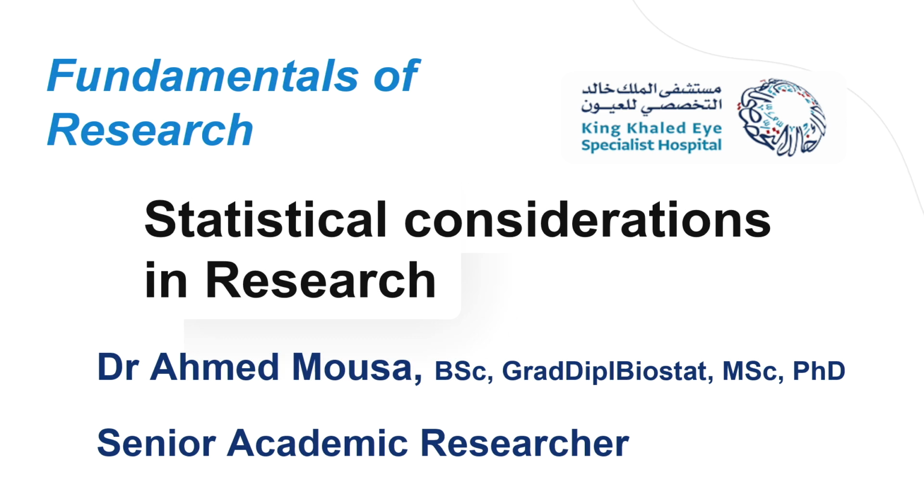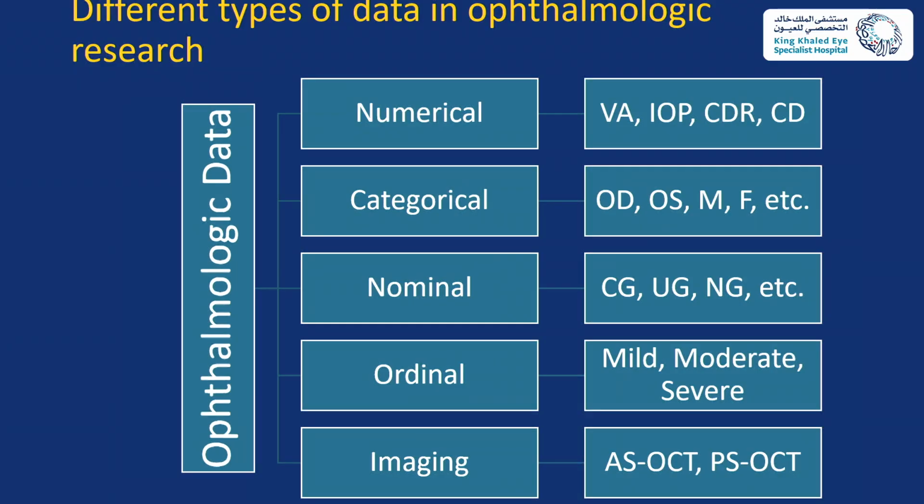Since this is the last lecture, I tried to put it into very quick hints to be utilized while you are conducting your studies. We will take a quick look at what types of data we use.